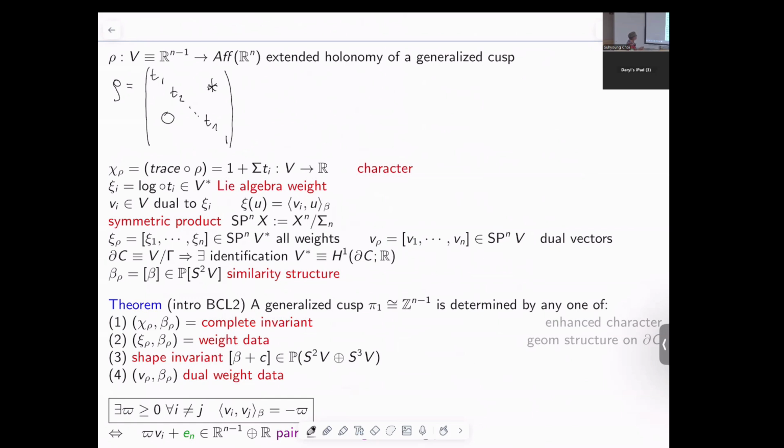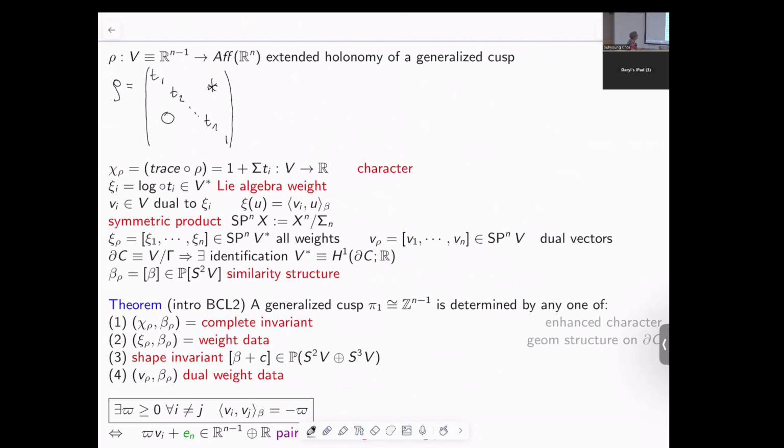So each one of these diagonal entries, its logarithm corresponds to a weight on the Lie algebra. And these are linear maps. I mean, the weights are homomorphisms from the Lie group to R. The Lie algebra weights are linear maps from the Lie algebra to R. So we can think of those, actually, these Lie algebra weights are actually elements of the dual vector space.